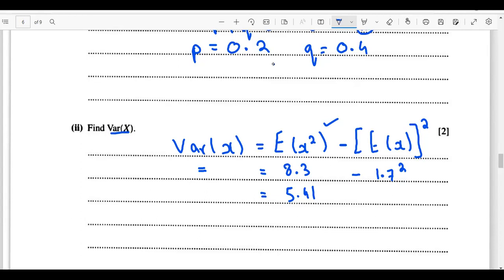Exactly, you are right. Minus is in the formula, and expected value is just 1.7. We are just supposed to square 1.7. Okay. Yes, yes. All right.